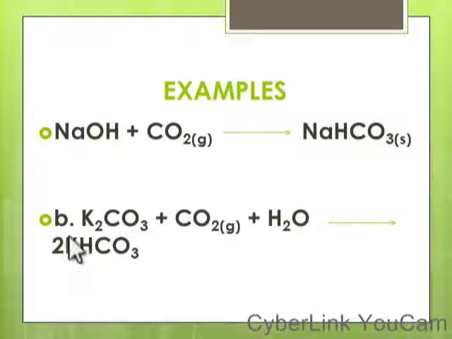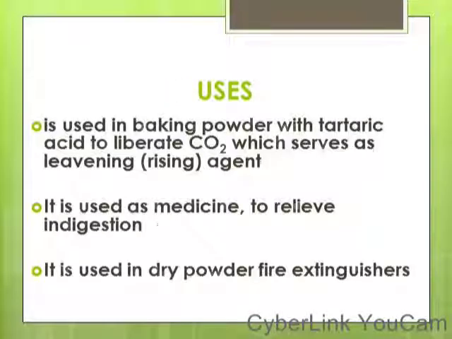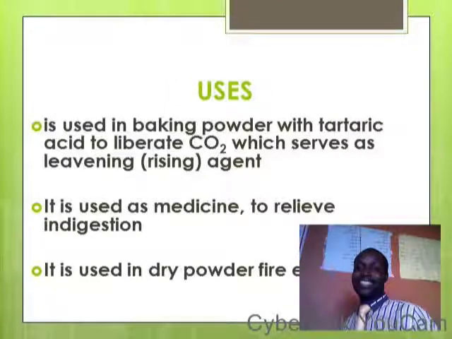We also have potassium trioxocarbonate(IV) plus carbon(IV) oxide plus water to give us potassium hydrogen trioxocarbonate(IV). So please put this on your mind, and you will now understand that your knowledge of chemistry is growing.